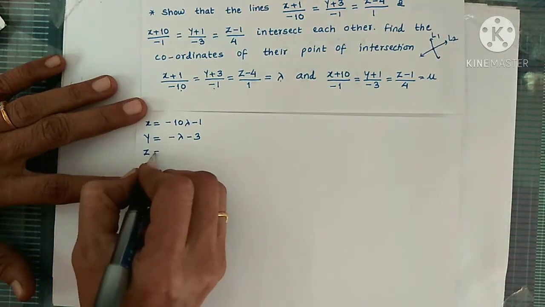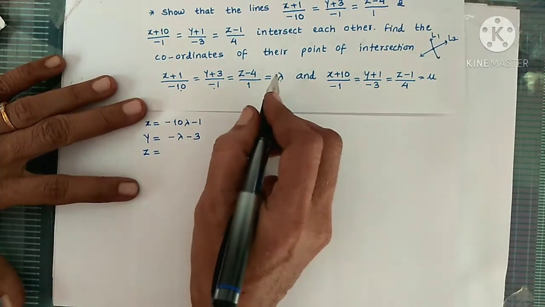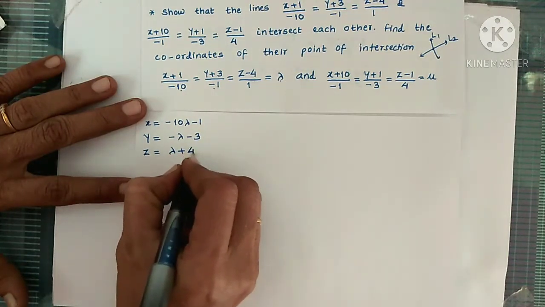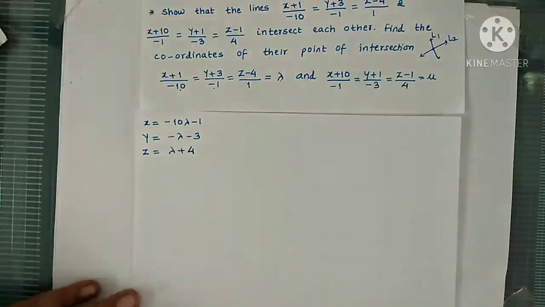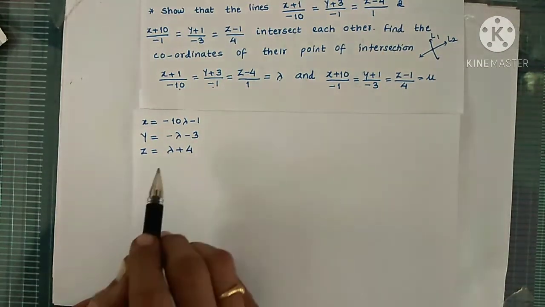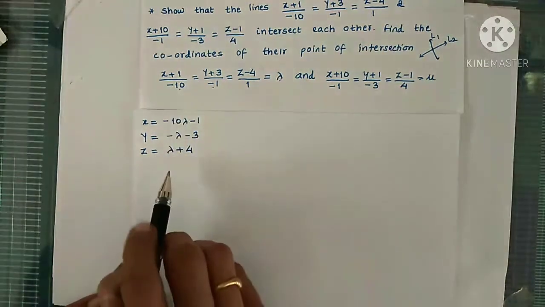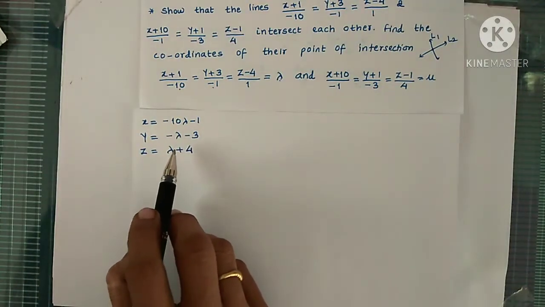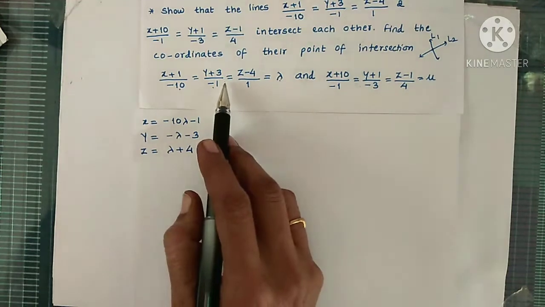And z equal to 1 into lambda, that is lambda plus 4. So what are these values? These are the coordinates of any point on the first line. So for different values of lambda, we get different points on the first line.